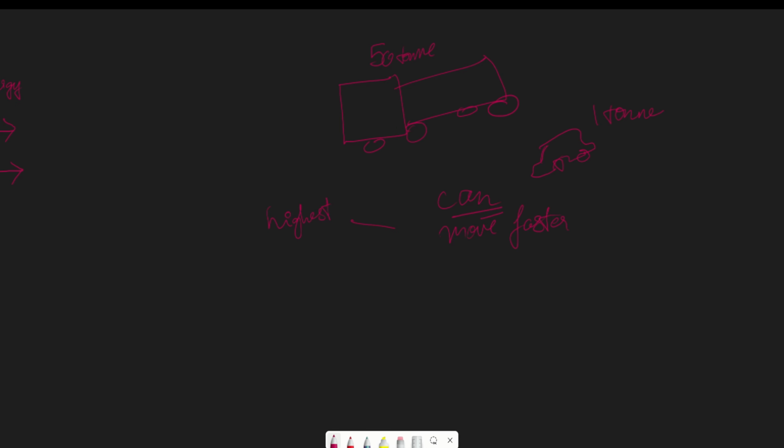The hatchback will be faster, simply because it requires less energy to move the same distance, because there's less mass to be moved. Since there's less mass to be moved, the total amount of energy utilized is less. So the thing that is heavier, that means it has more mass, will move slower than something with less mass or something that is lighter.